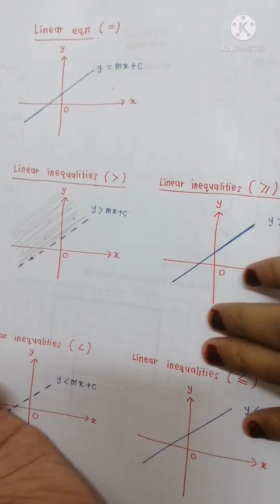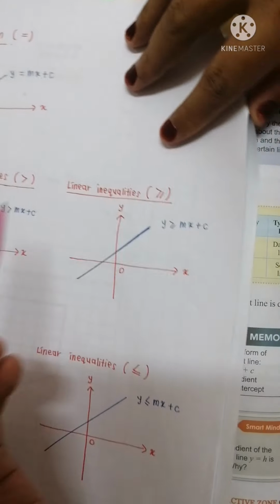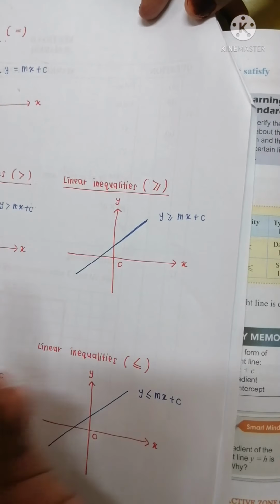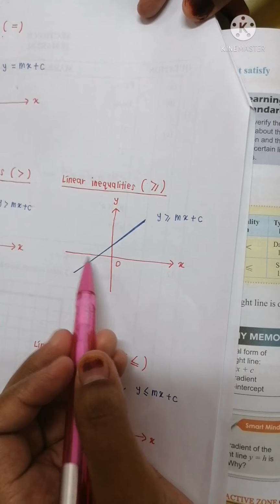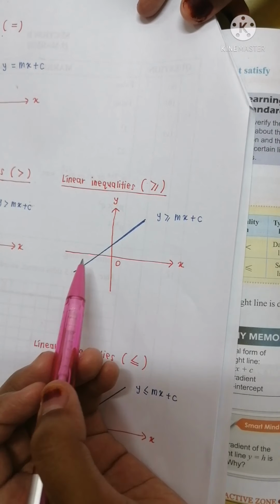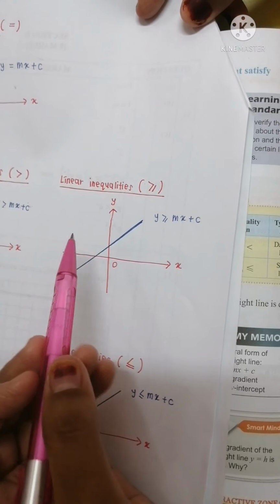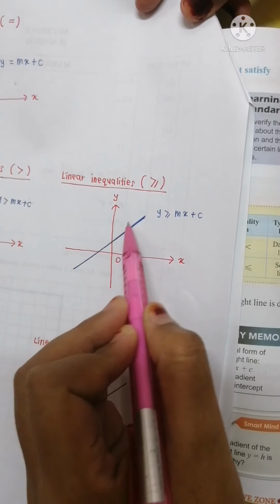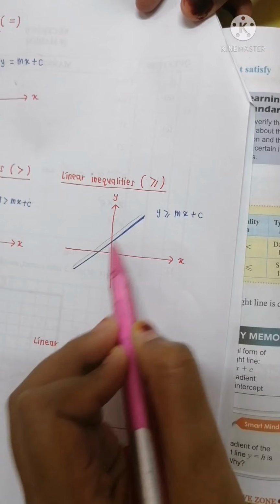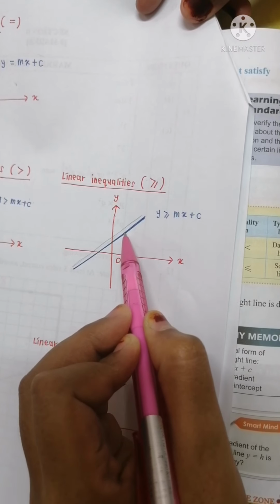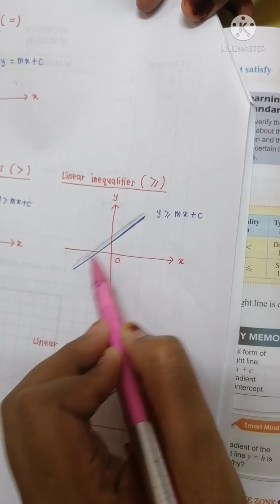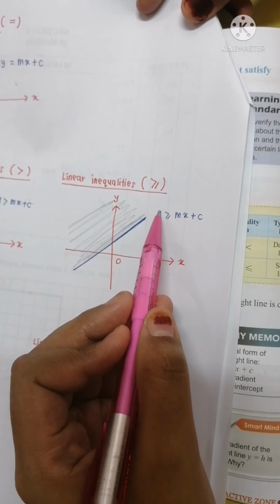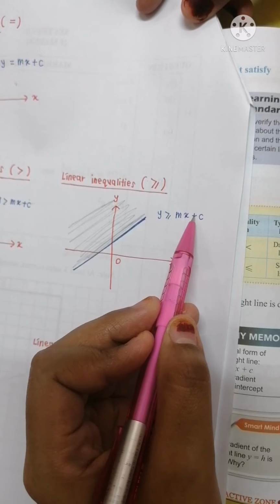Now look at the second linear inequality, which is greater than or equal to. For this one, all the points that lie on the straight line and above the straight line satisfy the linear inequality of y greater than or equal to mx plus c.